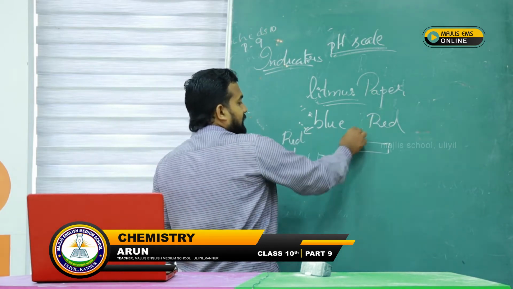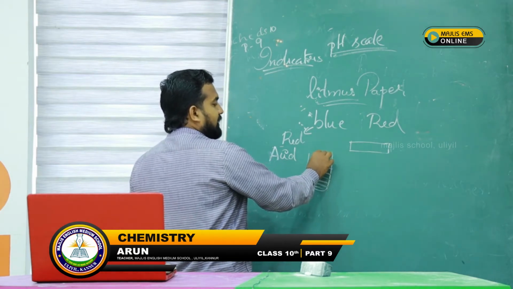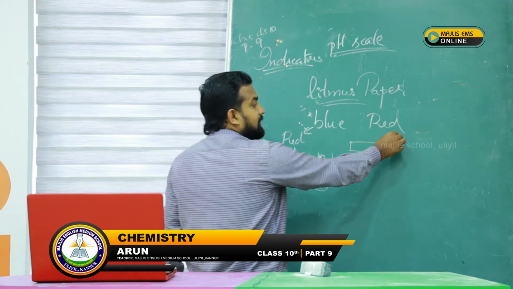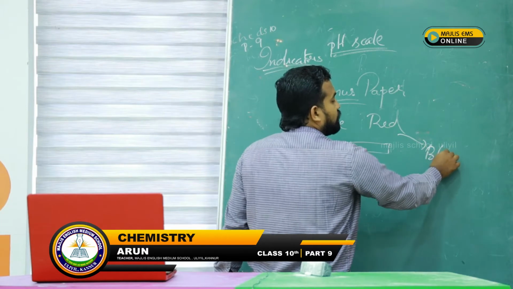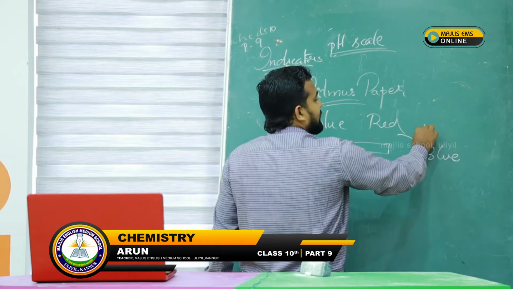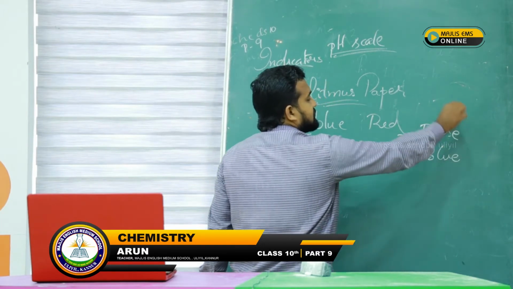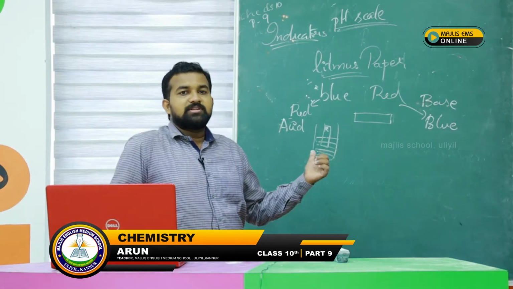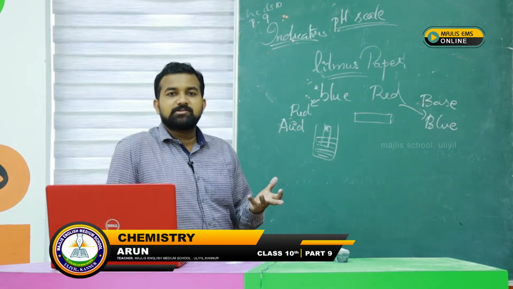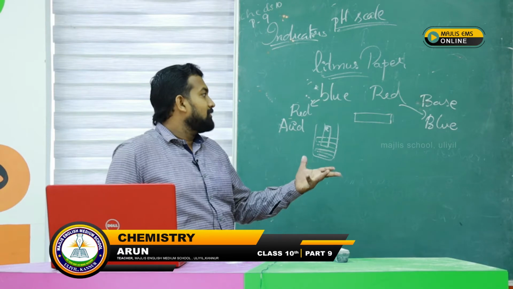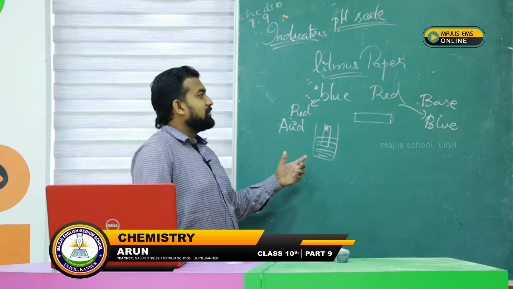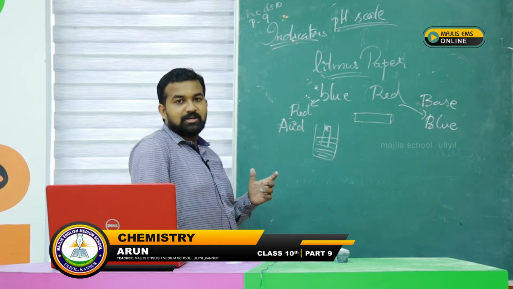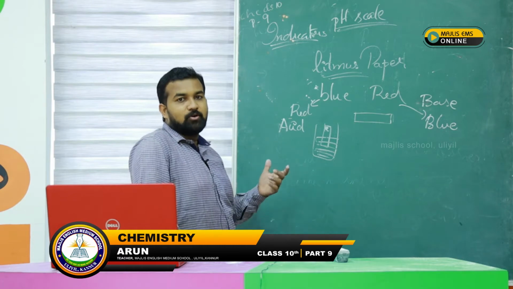Otherwise, if I take a red litmus paper and dip it, if the red color changes to blue, I will say that the given substance is a base. So, this litmus paper will help us to find out whether a given substance is an acid or a base.